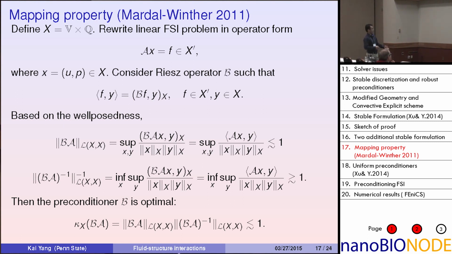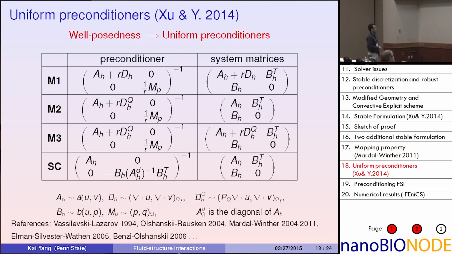It can be easily shown that the condition number of the preconditioned system is uniformly bounded. So since we have shown that the well-posedness for the formulations is uniform with respect to the parameters, then we can follow this procedure to find the block preconditioners that are uniformly optimal for the problems.